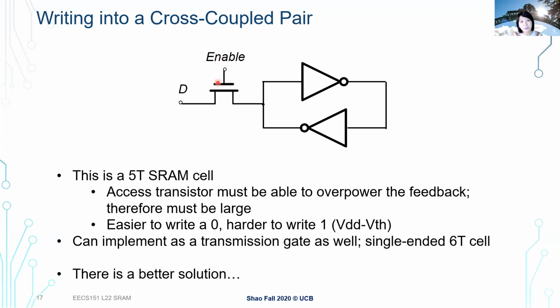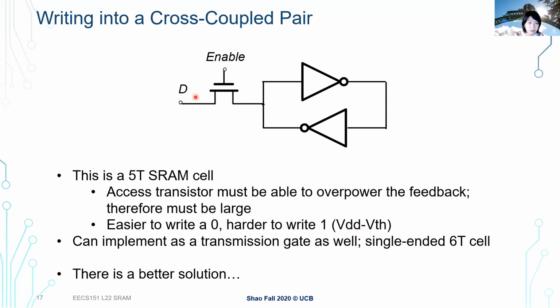But if we use NMOS to transfer a 1, it typically gets what we call a weaker 1. That's because instead of writing directly to VDD, we use NMOS as a pass transistor, and we need to guarantee the threshold voltage between gate and source. So instead of writing a 1, we actually write VDD minus a threshold voltage. So this is a weaker 1.